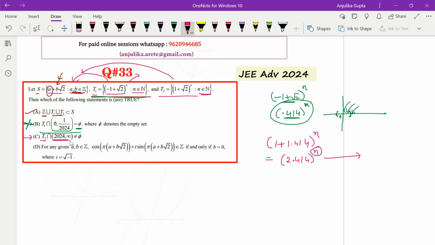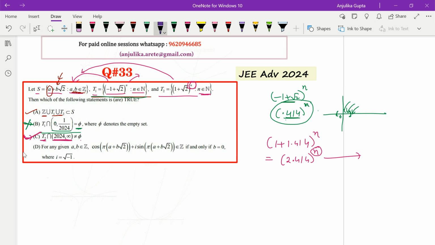T2 intersection this cannot be equal to phi, because there will be so many numbers here. At our wish we can take n to be as big as possible. So it is absolutely true that its intersection cannot be phi. There are so many elements in T2 which will lie here. Just concept-wise you have to check; you don't have to give any number or anything here.